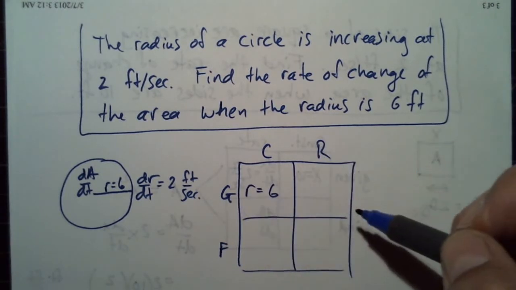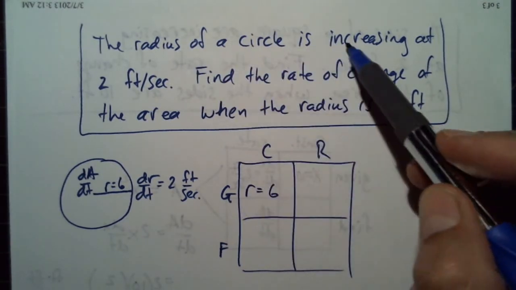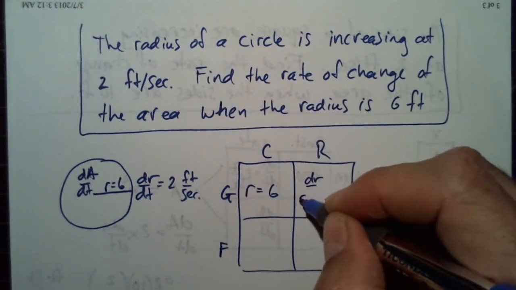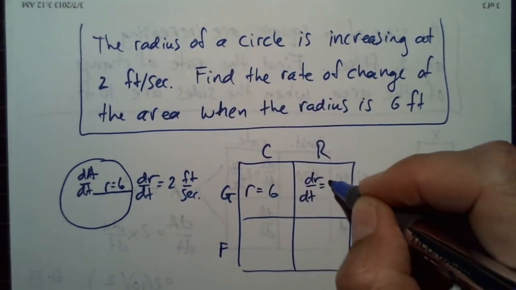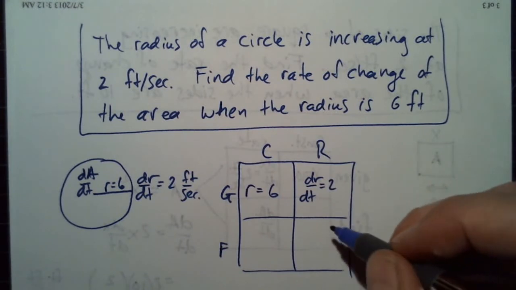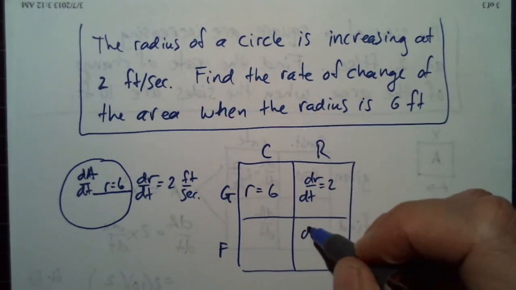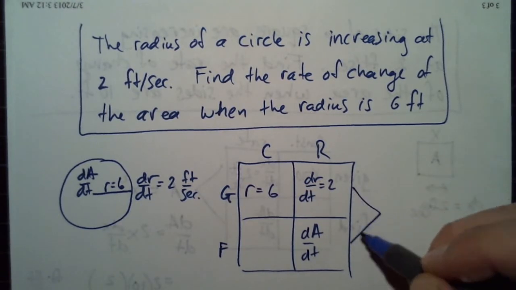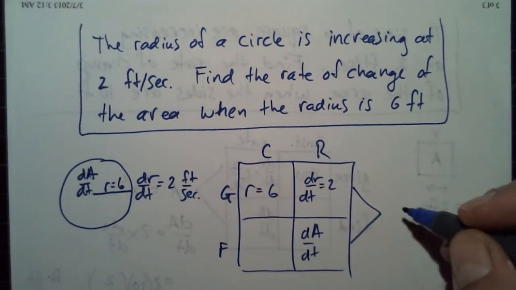The rate that is given is dr/dt, rate of change of radius, 2 feet per second. Find the rate of change of area, find dA/dt, and we need a relation for r and A.